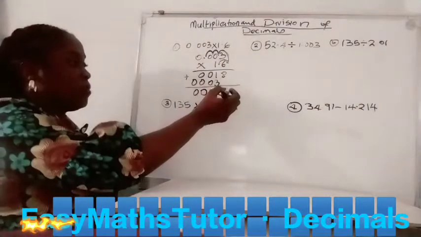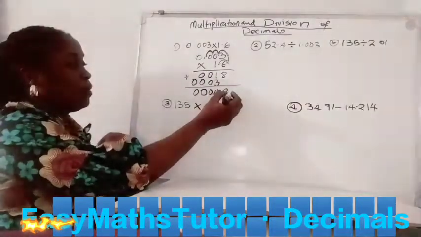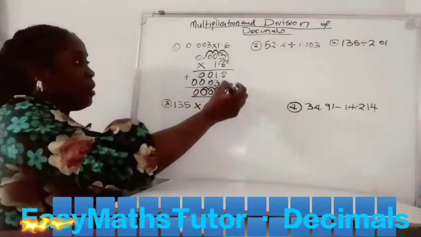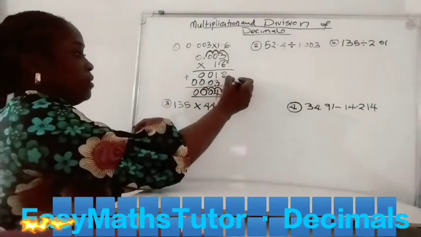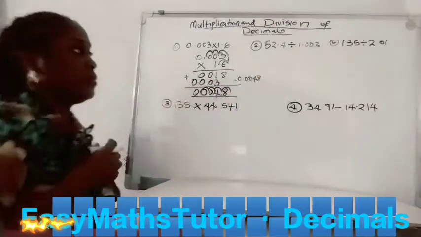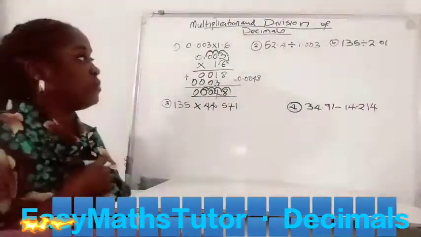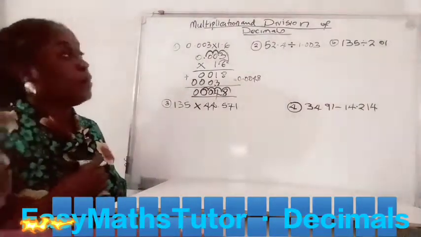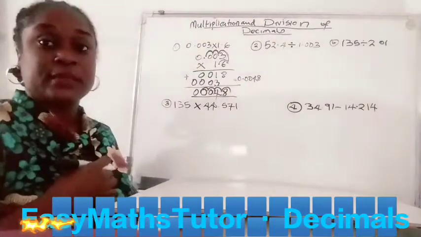So now starting from here, we're going to count 4. 1, 2, 3, 4. So our answer will be 0.0048. That's our answer. I hope you got that.